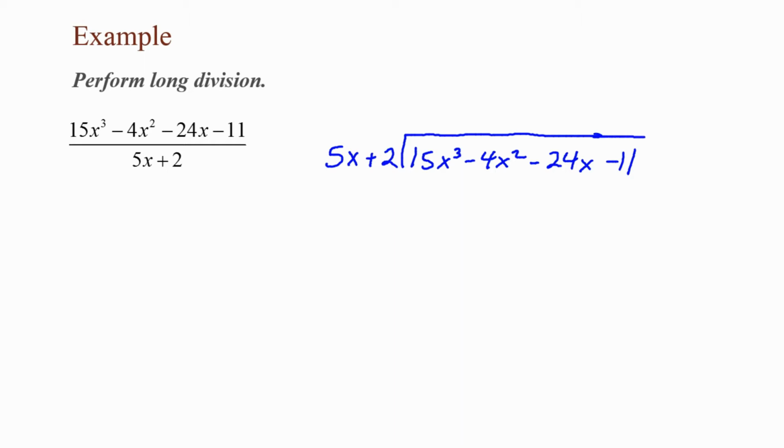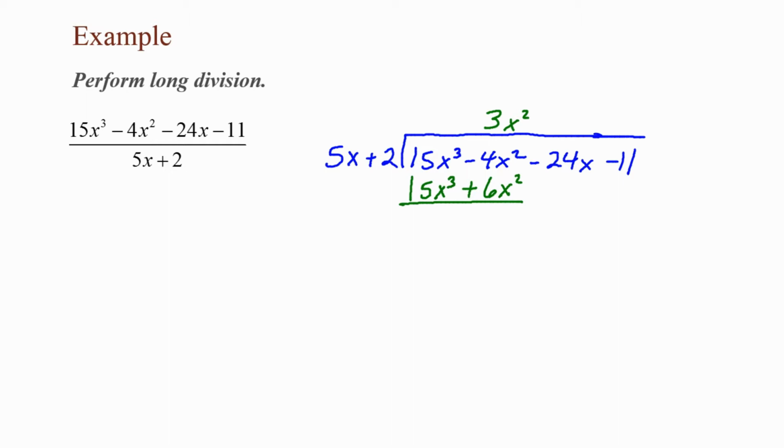I need to cancel the 15x to the third, so I need to decide what times 5x gives me 15x to the third. I want to use 3x squared. So 3x squared times 5x is 15x to the third. 3x squared times 2 is a positive 6x squared.